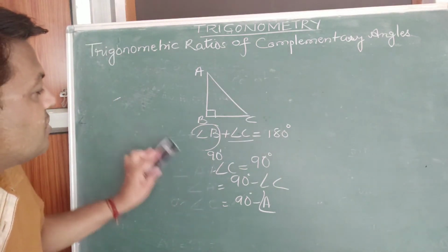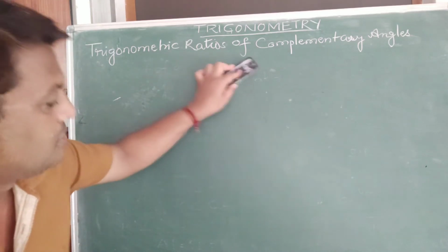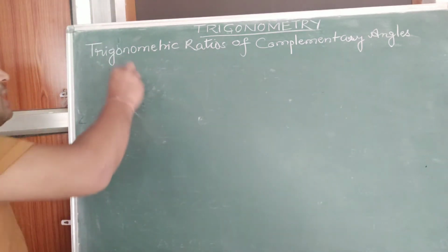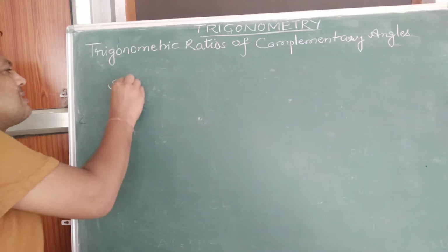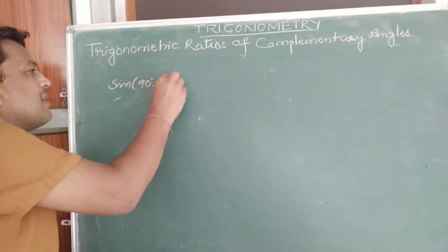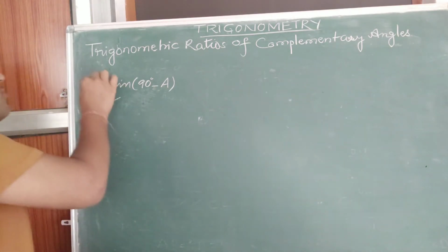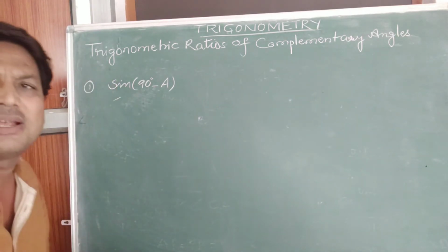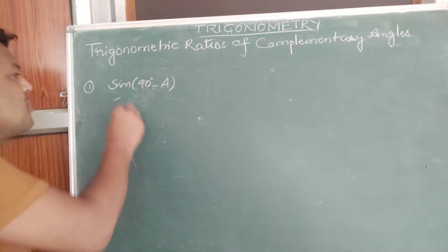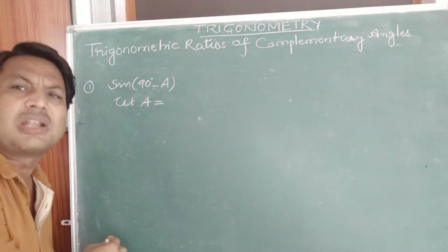And in this situation, suppose for example sine 90 degree minus A. Sine 90 degree minus A. So children, here we are taking sine 90 degree minus A. You can take any value in place of A, whatever you like.